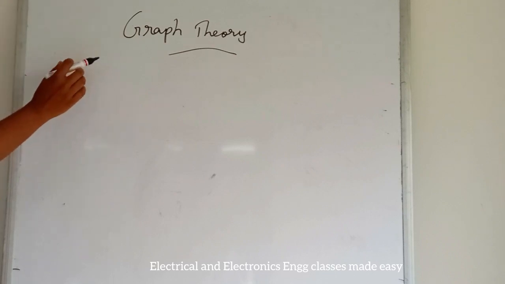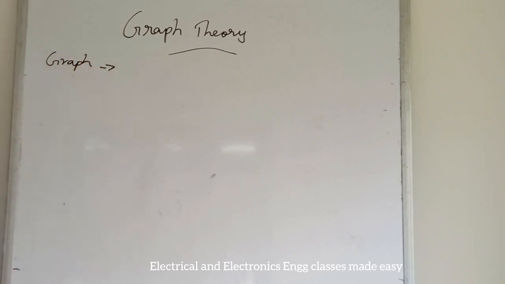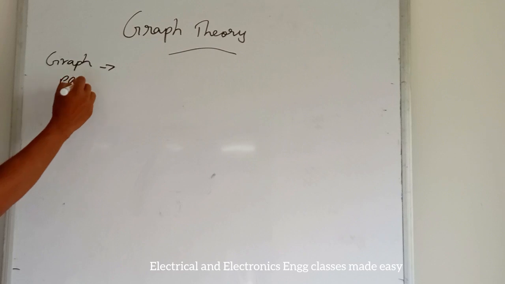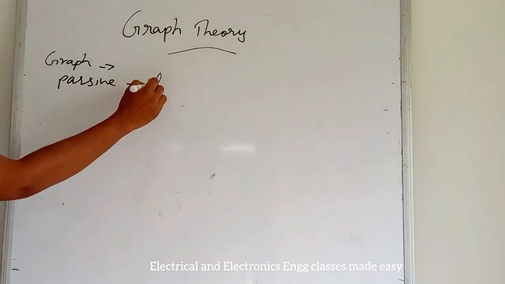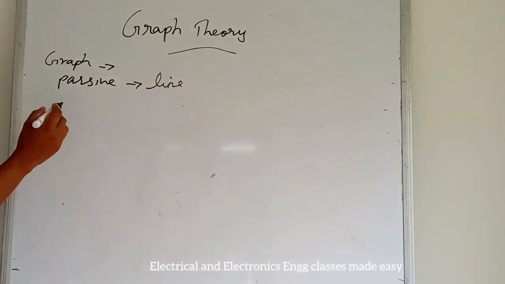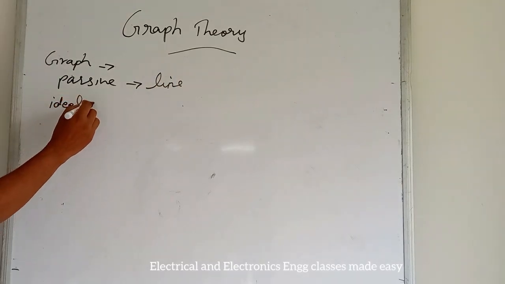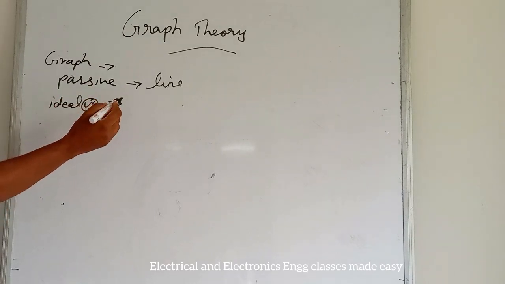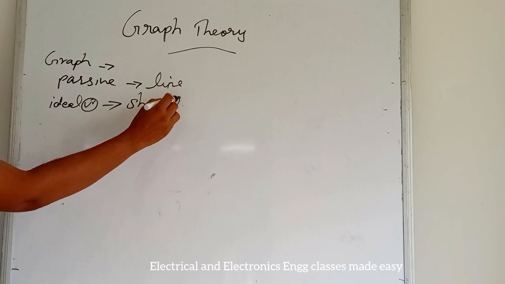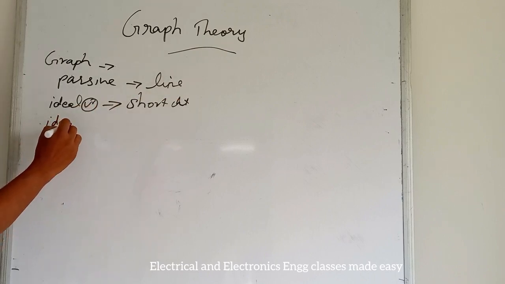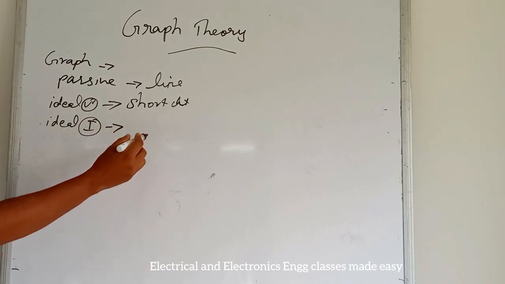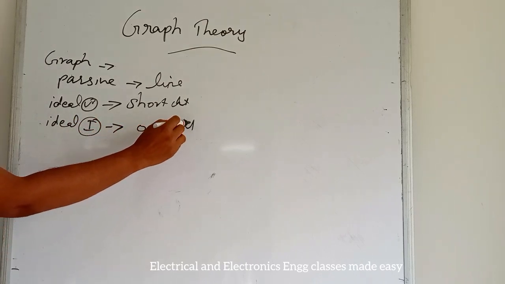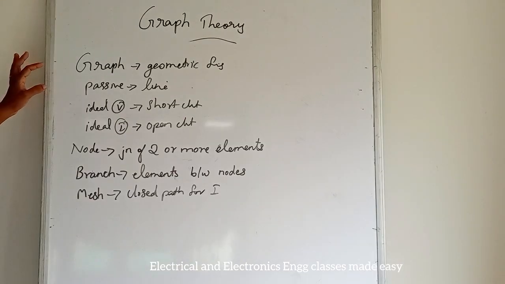So, the graph of a network is a geometric figure in which all the passive elements are represented by line segments.